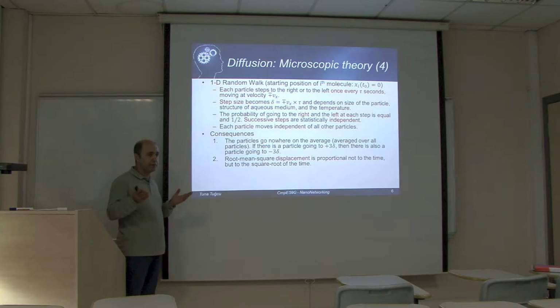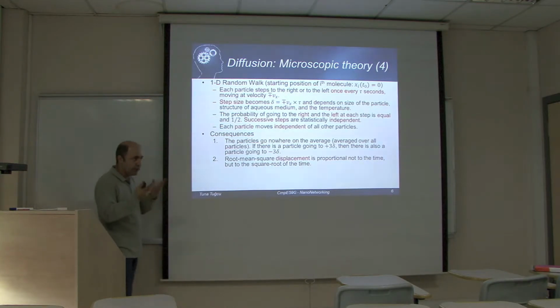But let me emphasize it once again. This doesn't mean that individual molecules do not move. They do move. If you look at the collection of all these molecules, they're balancing each other. And the root mean square displacement is proportional not to the time, but to the square root of the time.